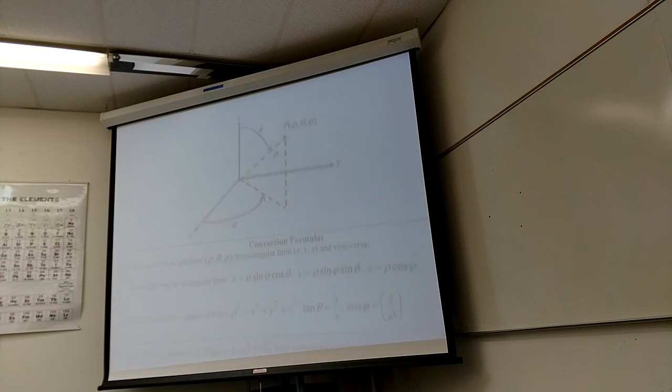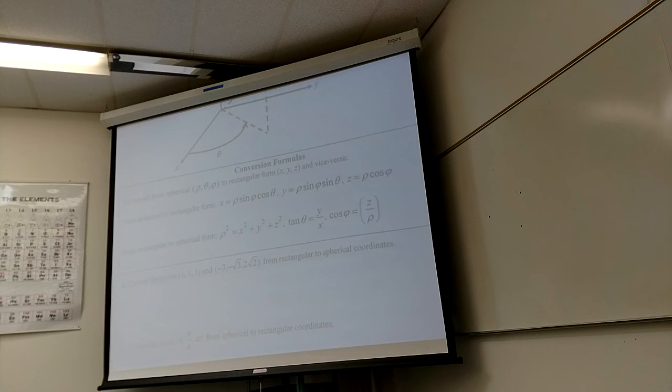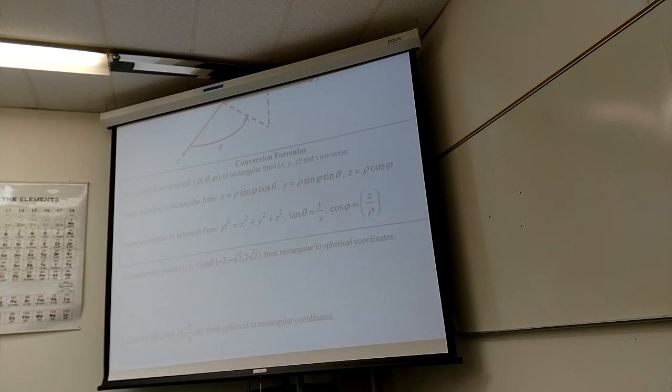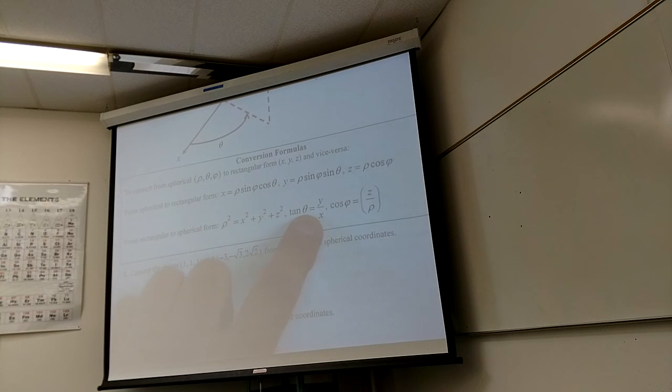There are the formulas for going between the two. Notice that since theta lives in the xy plane, tangent theta equals y over x is still valid. That's kind of awesome. Theta is the two-dimensional angle measurement, in the xy plane. This one might be a little bit freaky, but it's just the reverse of this, right?